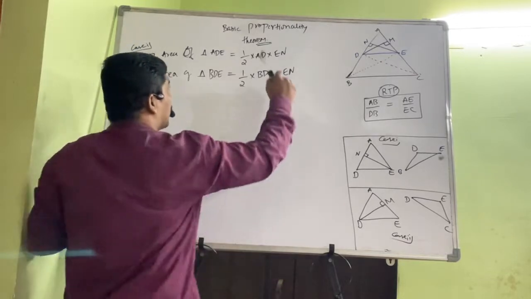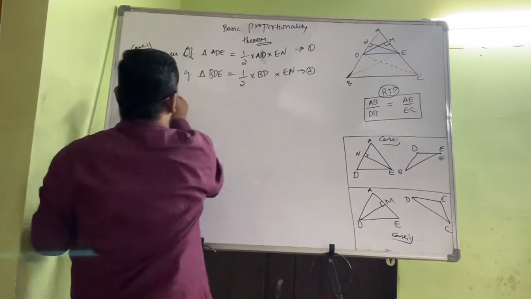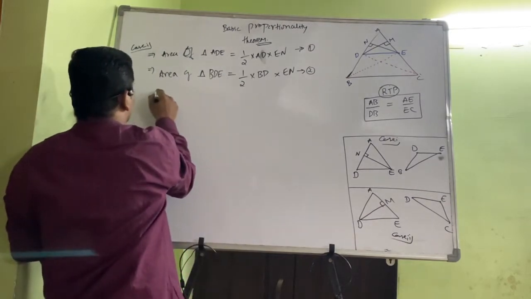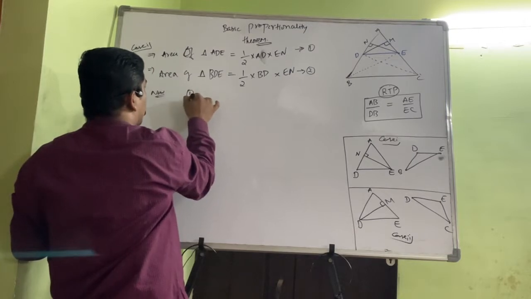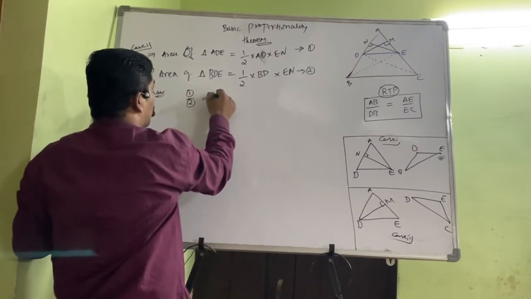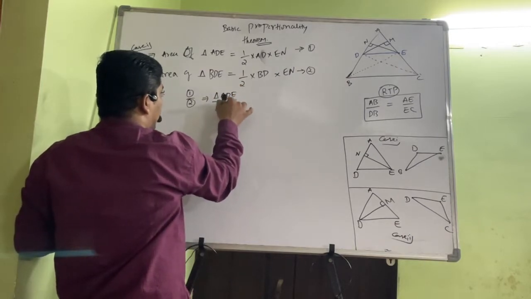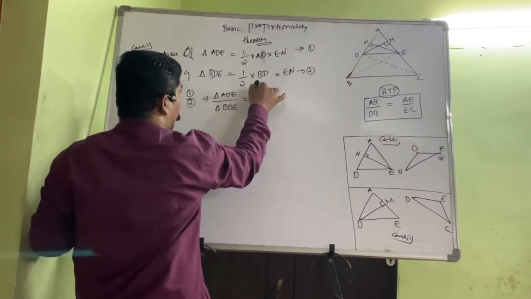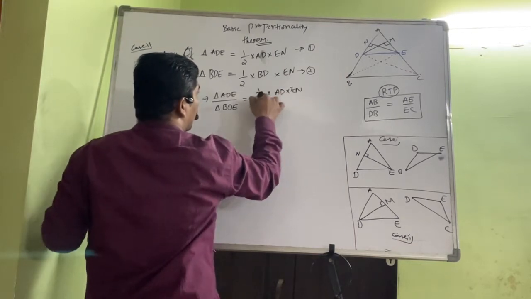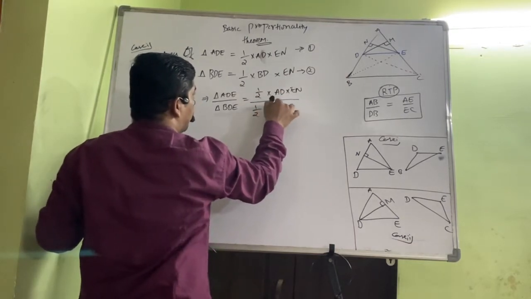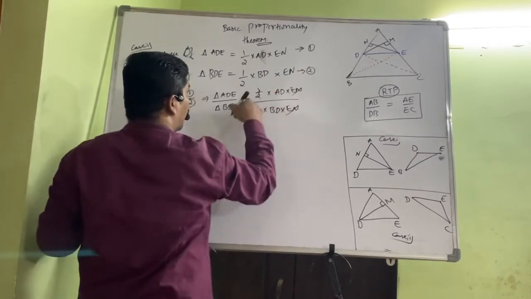Now, this is equation 1, equation 2. Now you do equation 1 divided by equation 2. So area of triangle ADE, area of triangle BDE, if you divide half into AD into EN by half into BD into EN, EN, half cancel.